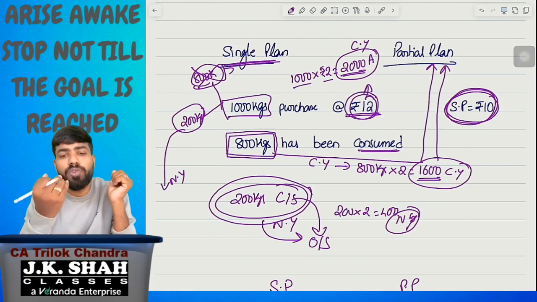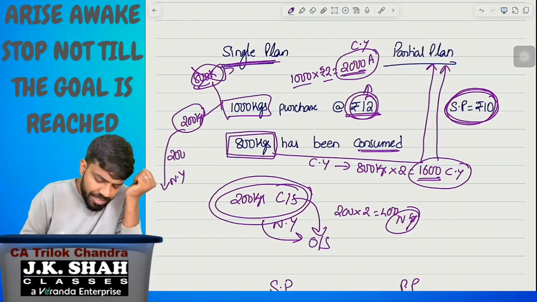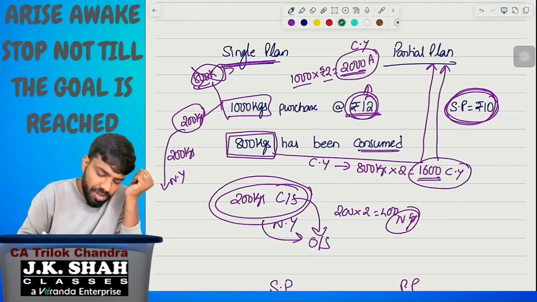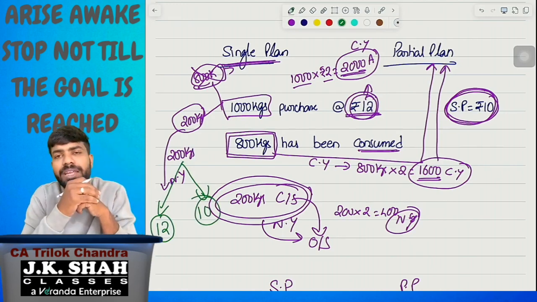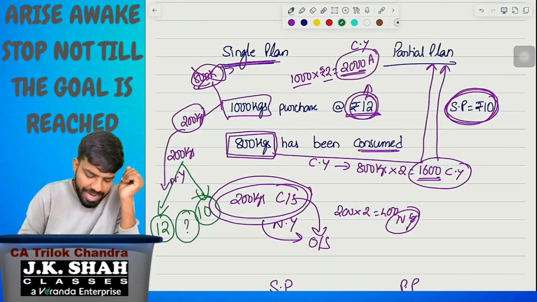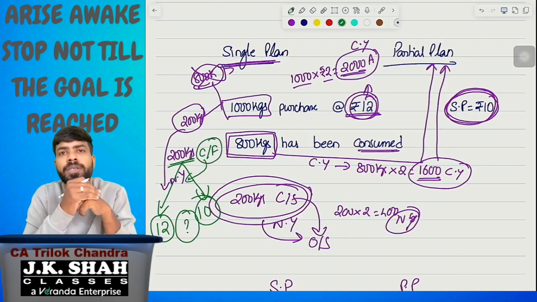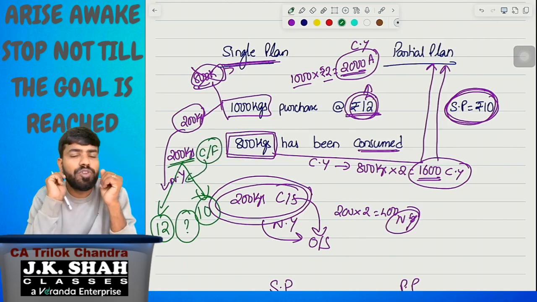At the time of taking it out to next year, at what price should this 200 kgs be recorded? Actual price of 12 rupees or standard price of 10 rupees? That is the question. The 200 kgs which will be carried forward to next year should be recorded at 12 rupees or 10 rupees.